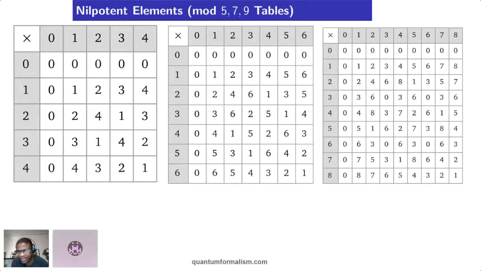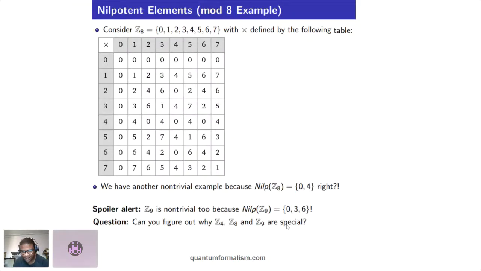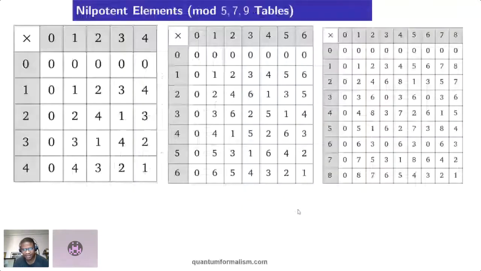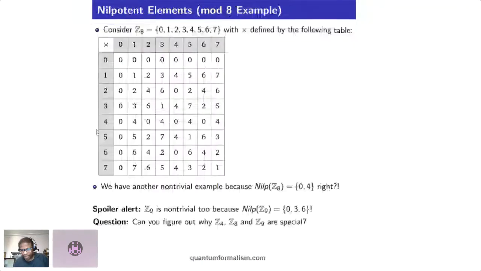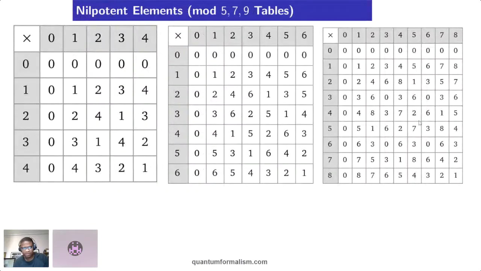Our friend mod 9. What did I say mod 9 was? Let me go back. So mod 9 is non-trivial. So mod 9 is 0, 3, 6, it says here. So let's look at the table. This one. So mod 9, obviously 0 is there. It says 3. Yep. And 6. Do you all agree that mod 9, the nilpotent set is 0, 3, 6? Do you all agree, looking at this table?